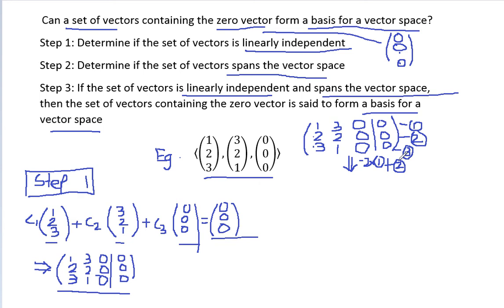And to eliminate the entry in the third row, it's minus 3 times row 1 plus row 3.